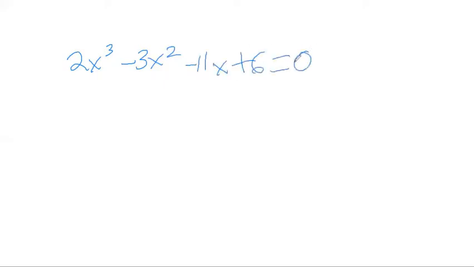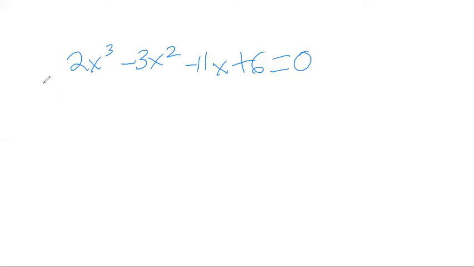And the last thing we're going to talk about, I'm going to clear the board again. We're going to talk about the factor theorem. So suppose I have the equation 2x to the third minus 3x squared minus 11x plus 6 equals 0.